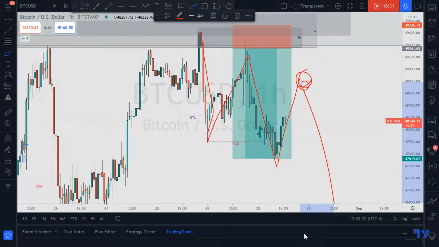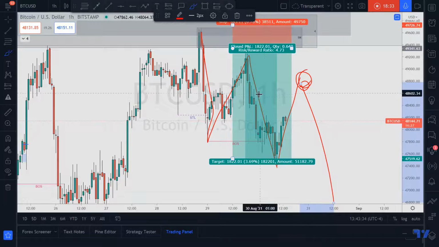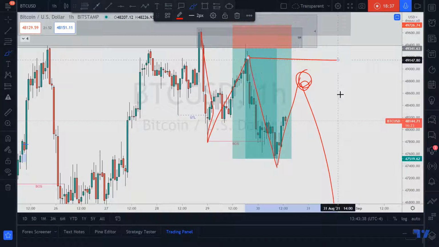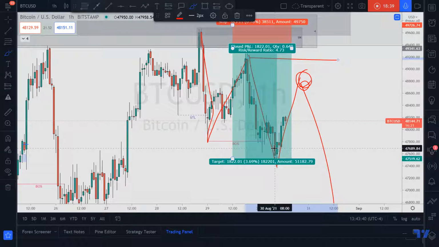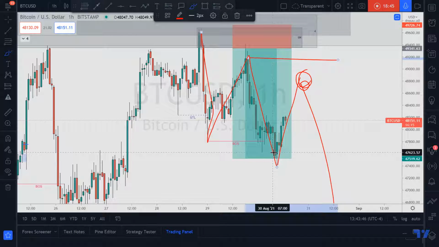You understand? Lower lows, lower highs. When price breaks structure to the downside or to the top side, we're asking ourselves: is price maintaining bearish order flow or bullish order flow? Has there been a shift in bias, in momentum?